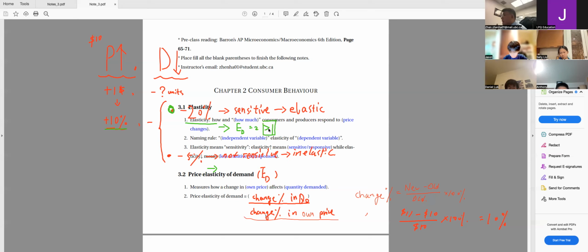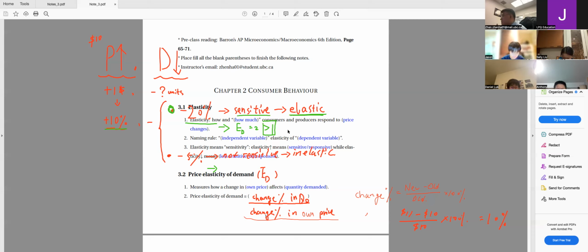So if you can get ED greater than 1, that means the percentage change in quantity demanded is greater than the percentage change in price. That means consumers are sensitive to price change. That is the indicator, indicating the demand curve now is an elastic demand curve.